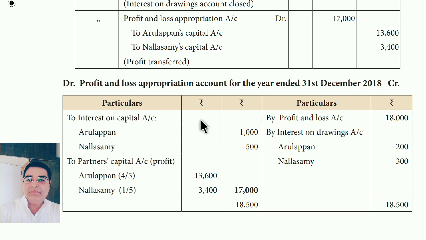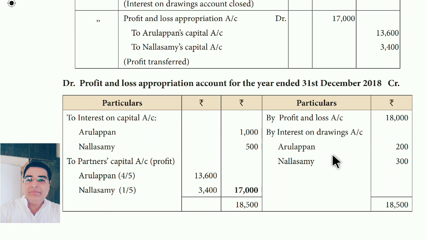Once again I repeat how to pass the entry. First entry, profit and loss appropriation account debit to Arulappan capital account, Nallaswamy capital account. Then we have to close the entry, profit and loss appropriation account debit to interest on capital account 1,500. Then second entry, Arulappan capital account debit, Nallaswamy capital account debit to interest on drawings account.